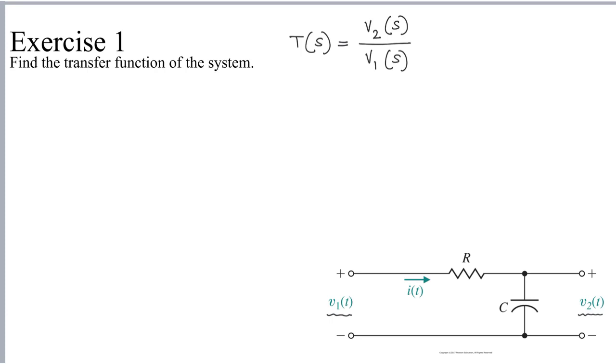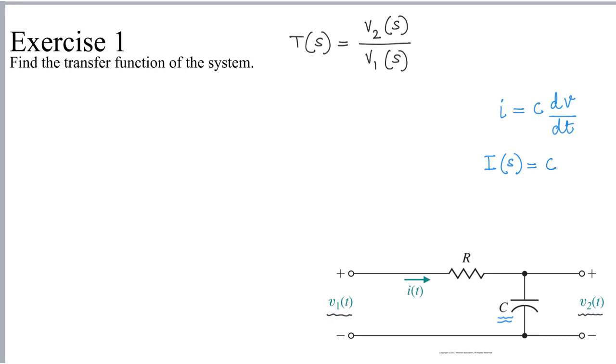What do we know about this system? We know the input-output relationship of a capacitor. In a capacitor, i = C dv/dt. If we transform this into the Laplace domain, instead of i as a function of time, we get I as a function of the Laplace variable s, equal to C dv/dt.